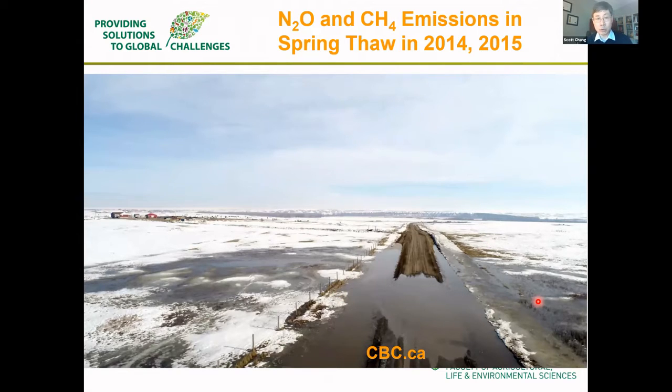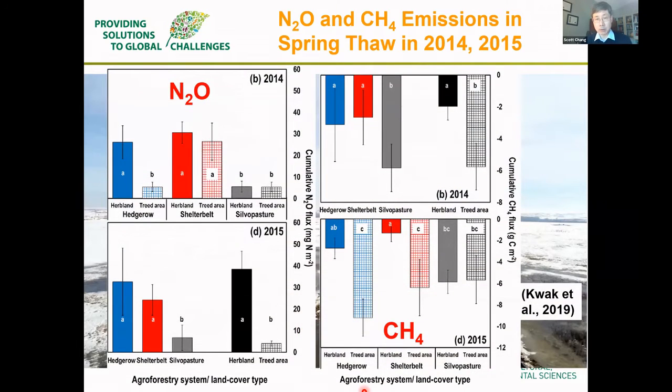In the spring thaw, as the snow is melting, there will be water accumulation before the land would be suitable for seeding, for cropping, etc. So we suspect that in this field, in this period of the year, there will be a flush of greenhouse gas emissions, and so we needed to quantify how much greenhouse gas emissions may be occurring during the spring thaw.